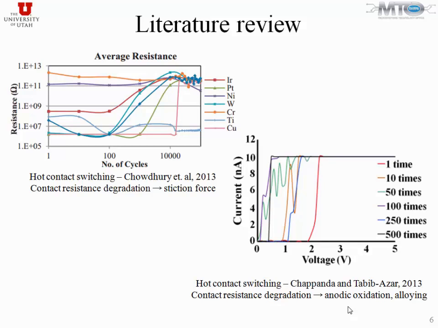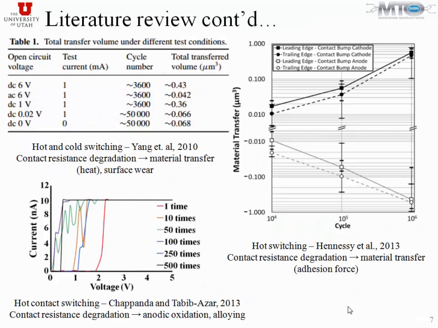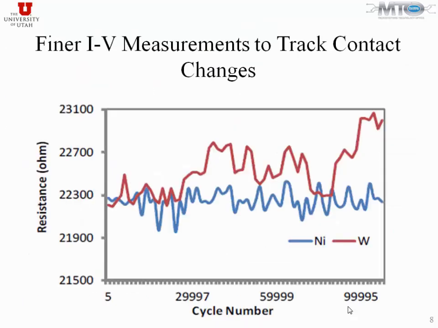And this hysteresis is caused by the stiction force at the surface. If you look at the literature, there is other work where people have reported contact reliability. But the variations are not very finely measured current, so the current noise and such are not captured, and we are trying to capture that.